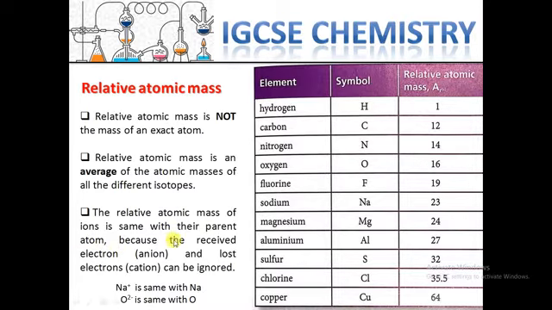Losing or receiving electrons can be ignored because an electron doesn't have a considerable mass. So the atomic mass of the sodium cation is the same as the atom form. Oxygen and the oxide ion, 2 minus, are the same, both are 16.